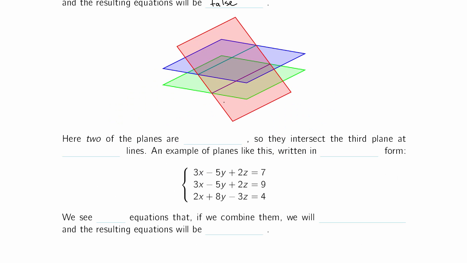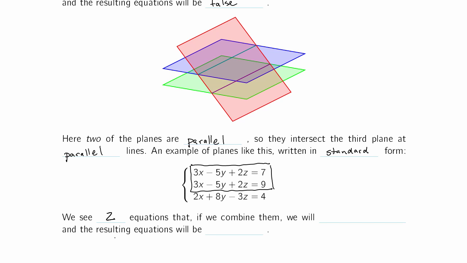It's also a possibility that we have two planes that are parallel, and if that happens, they'll both intersect the third plane, but the intersections will be parallel lines. So these two lines won't intersect anywhere. There won't be any points where all three planes intersect. If we write a system like that in standard form, it's easy to see that these first two equations give us parallel planes.